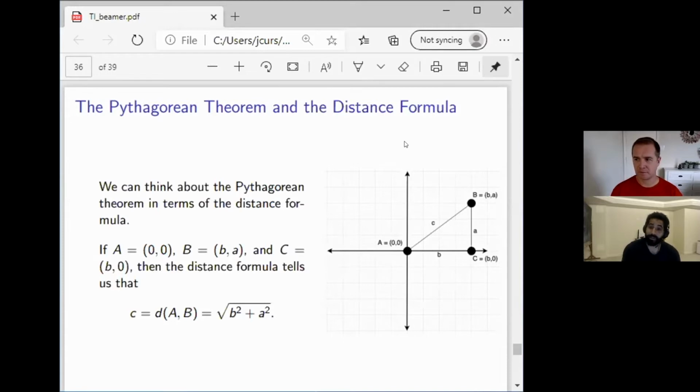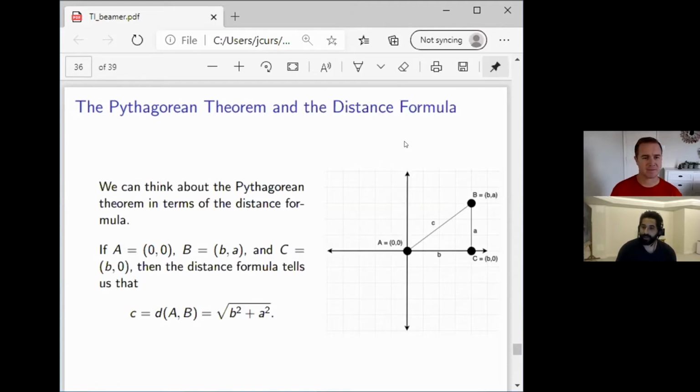If we look at the distance between A and B, which is the hypotenuse of our triangle, the distance formula gives the square root of a squared plus b squared.